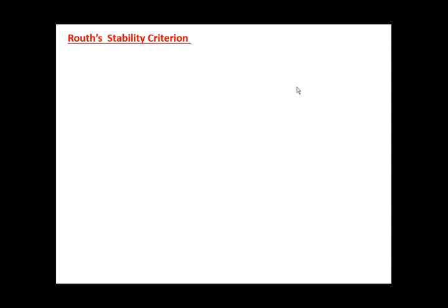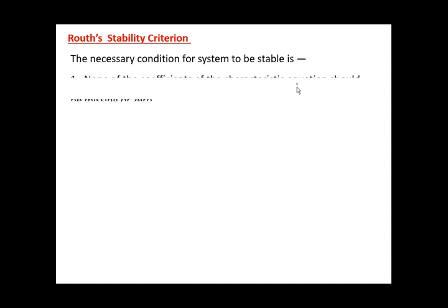There are certain conditions in order to solve the problems or find out whether the system is stable or not. So certain necessary conditions for the system to be stable are: none of the coefficients of the characteristic equation should be missing or zero.